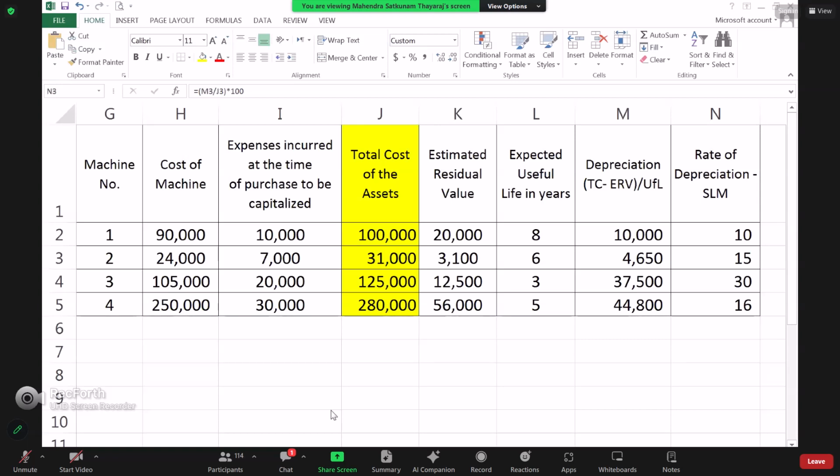Tomorrow we will complete the depreciation, in advanced accounting. I also want to talk about the examination and other timing, so tomorrow we will discuss those things. The online lectures will be held tomorrow morning 6 to 8.